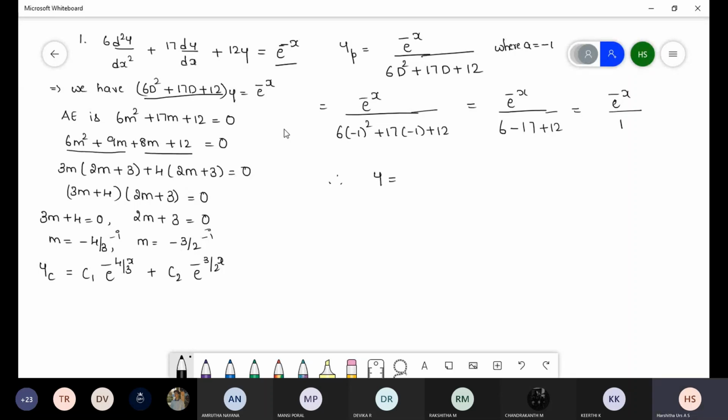Therefore, y is equal to yc plus yp. This line carries 1 mark, yc plus yp. So what is our yc? C1 e power minus 4 by 3 x plus C2 e power minus 3 by 2 x plus e power minus x.